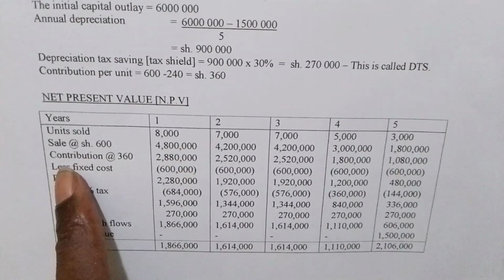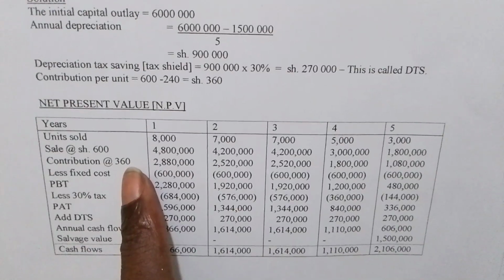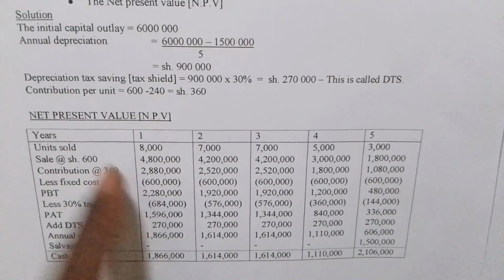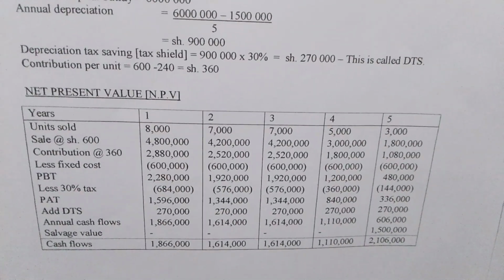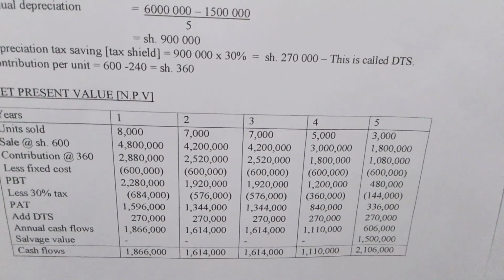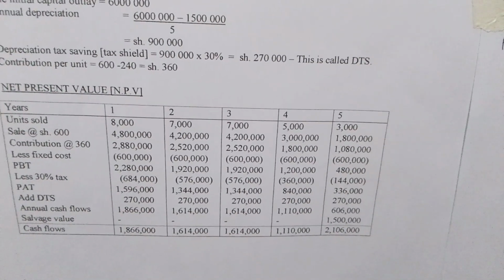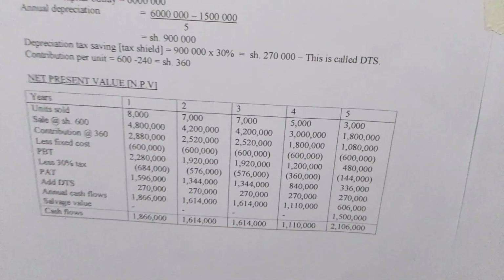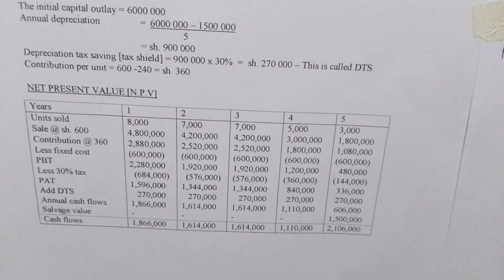So to get the total contribution is 360 times the units produced, and we have 2,850, 2,520, 2,520, 1,800, and 1,080. That's the contribution. Once we get contribution, then we less the fixed cost.